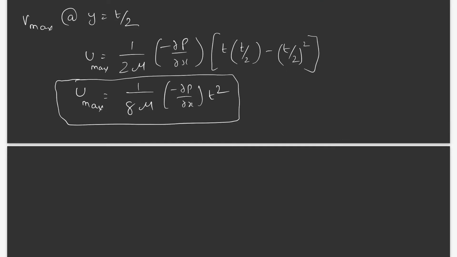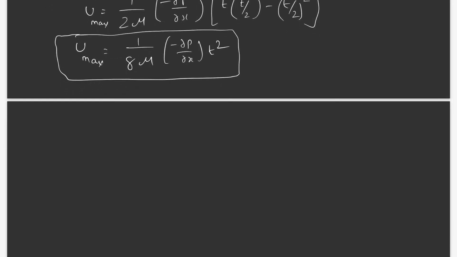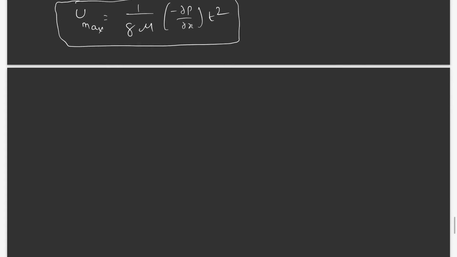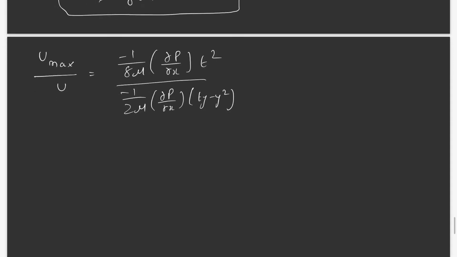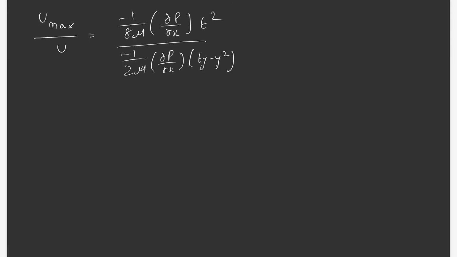Now we'll again continue the same process. We'll find out the ratio between these two. U max by u is equal to minus 1 by 8 mu into dou p by dou x into t square by minus 1 by 2 mu into dou p by dou x into ty minus y square. What will we get? Mu goes, dou p by dou x goes, this goes 2.